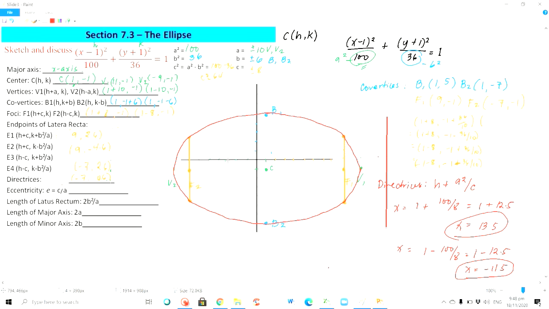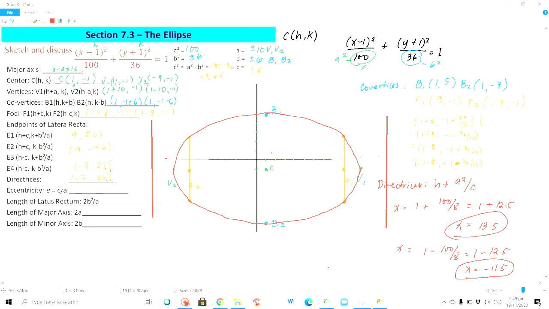So 1, 2, 3. This is 9, 10, 11. So, ito yung graph naman niya. Okay, so kunti na lang.